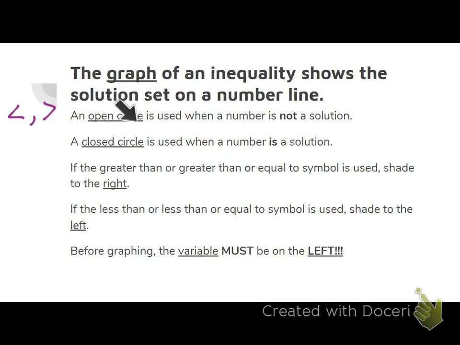We use an open circle for these two symbols. We use a closed circle when a number is considered a solution, so that means that's when it has the equal to bar. So if instead of writing these whole sentences out, you just want to put open circle uses these symbols, closed circle uses those symbols, that's fine.